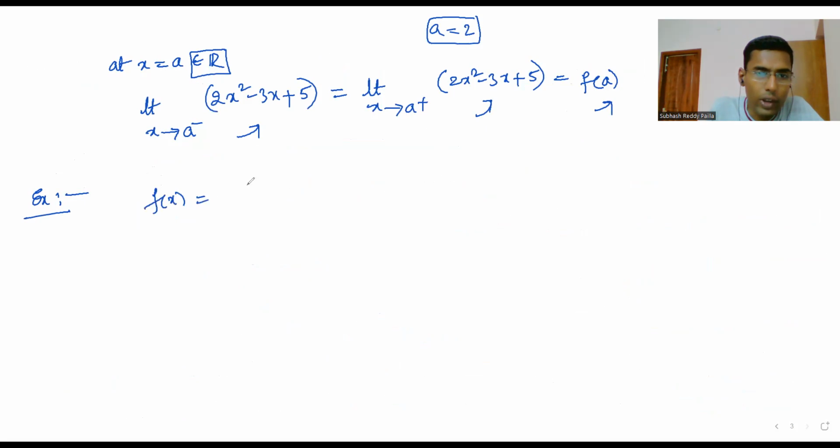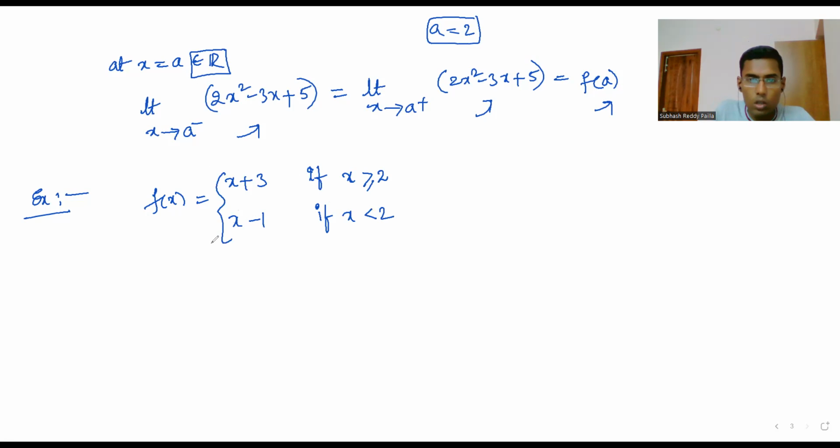Now let's say f of x is, to make it simple, x plus 3 if x is greater than or equal to 2, and x minus 1 if x is less than 2.